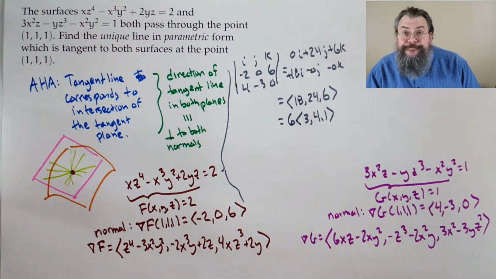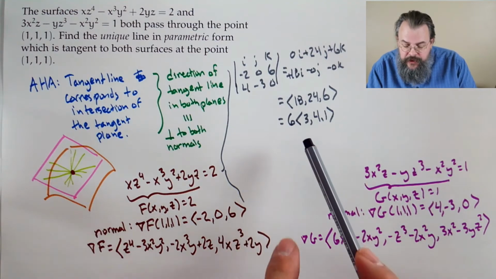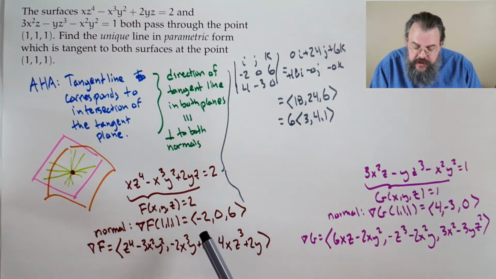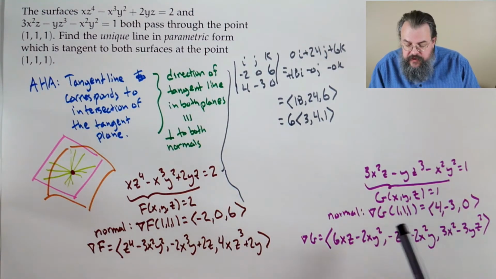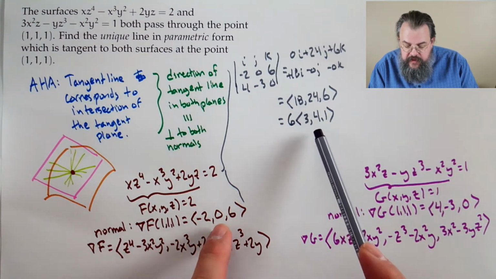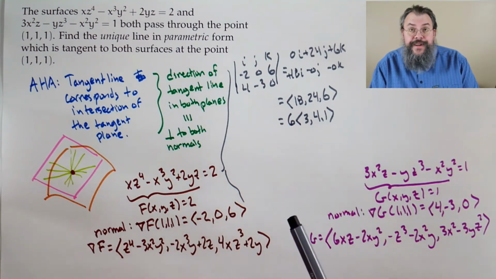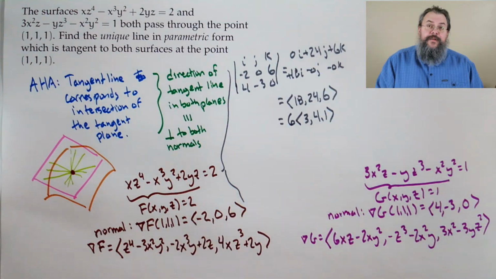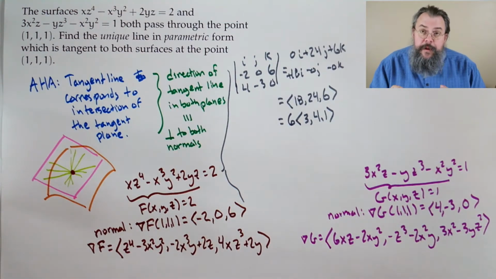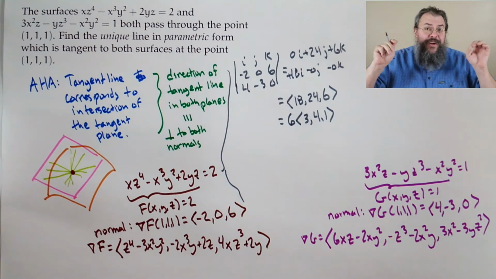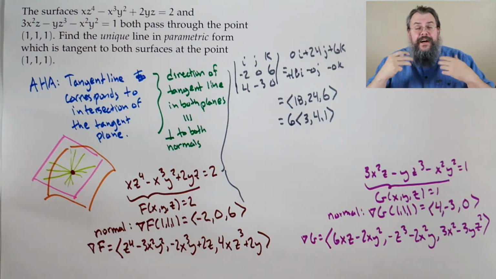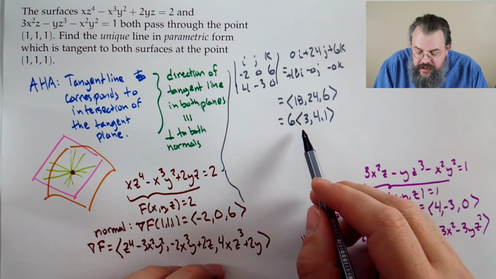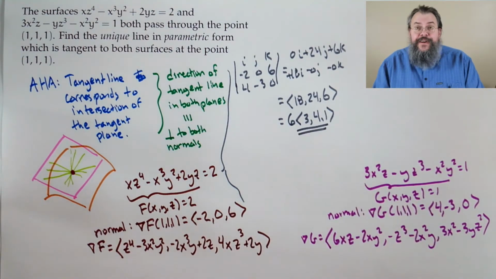Now let's check. Is 3, 4, 1 perpendicular to minus 2, 0, 6 and to 4, minus 3, 0? Well, minus 6, 0, positive 6. Good, that adds up to 0. 12 minus 12, 0. Yeah, that adds up to 0 as well. And remember, since we pulled out the 6, we don't actually need the 6. This is perfectly good as our direction.